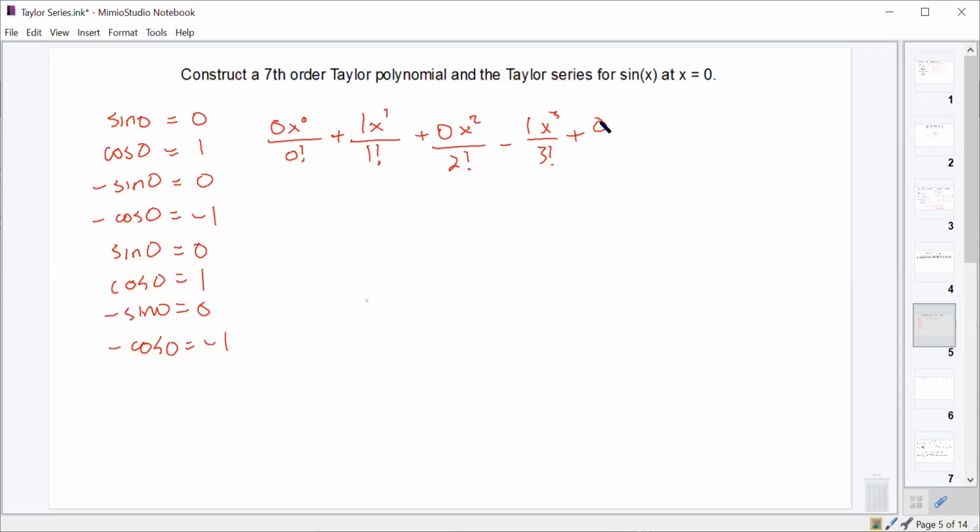We should then get plus 0 x to the fourth over 4 factorial. We should get plus 1 x to the fifth over 5 factorial. We should get plus 0 x to the sixth over 6 factorial and minus 1 x to the seventh over 7 factorial. Everybody feel okay about that?